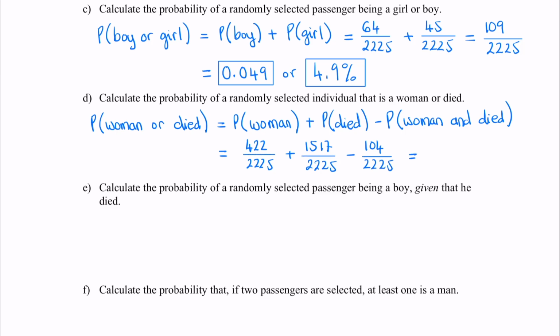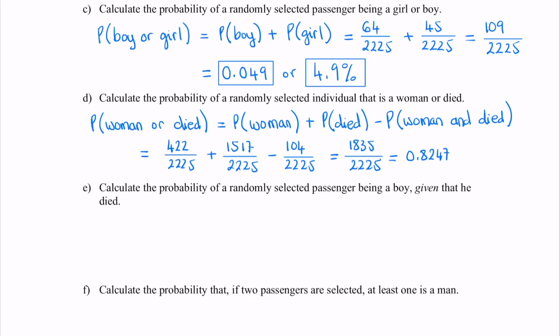And that is 1835 over 2225, which is 0.8247 or 82.47%.